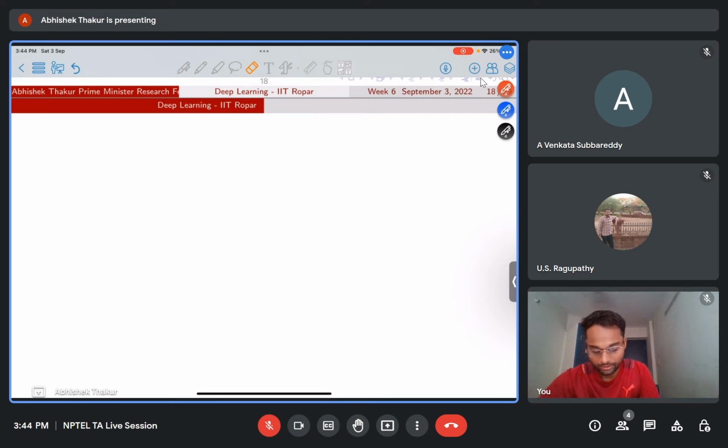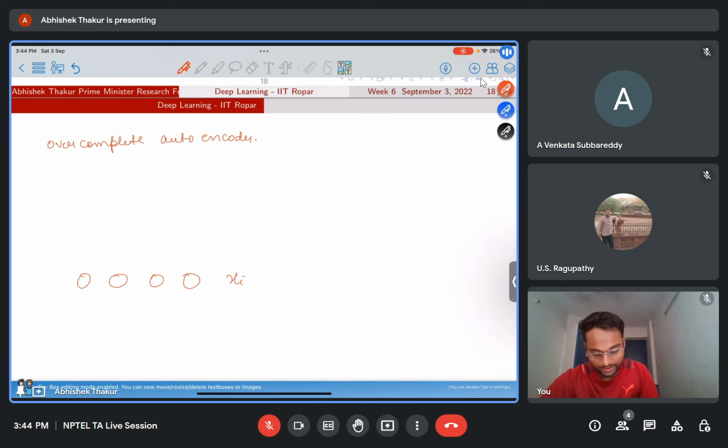Okay, so you can see over complete autoencoder. Let's suppose this is our input layer xi, having 4 nodes. So in over complete autoencoder, how many nodes will be there in the hidden layer?